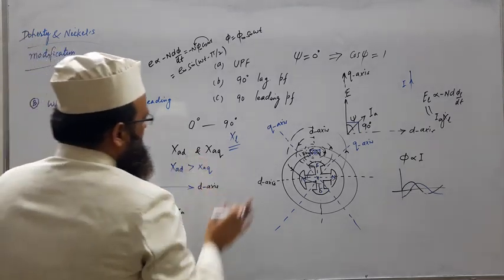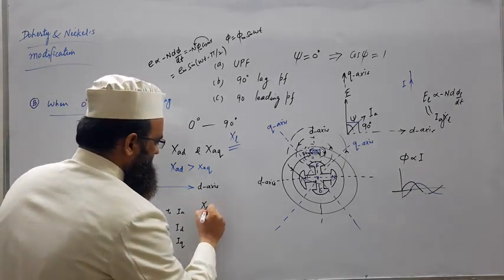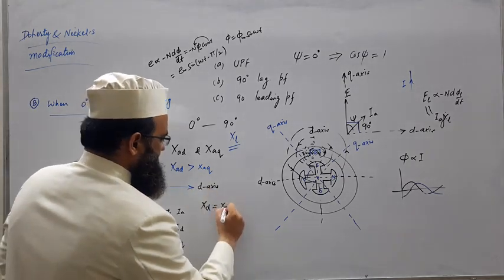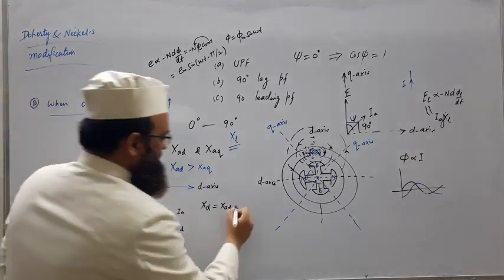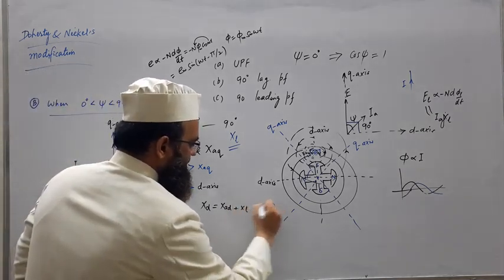So we may write direct axis synchronous reactance as XAD, this hypothetical component, plus this leakage reactance. Mark equation 1 or A.